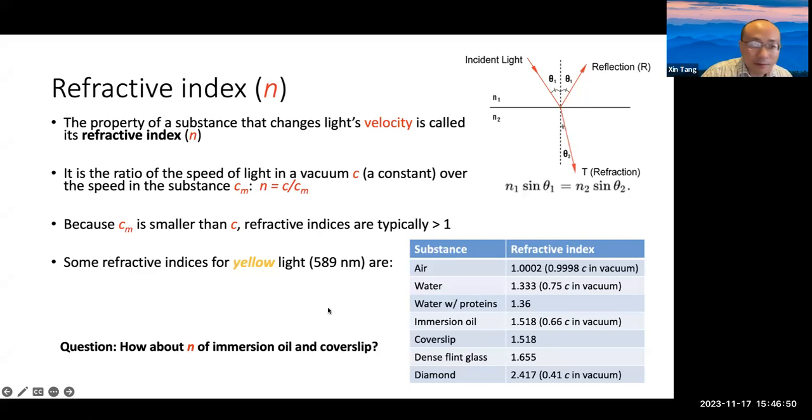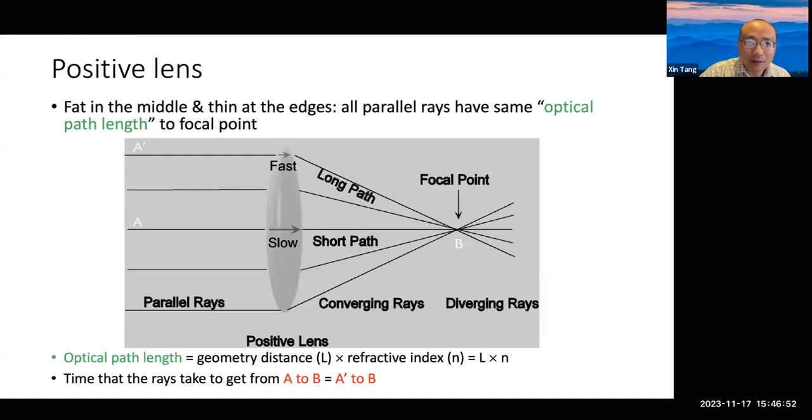Now, here is some important terminology. I actually mentioned this already: the optical path length. That's not very useful for now. This is a theory developed several centuries ago.